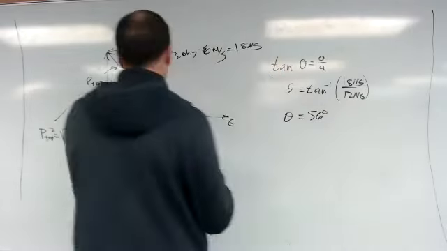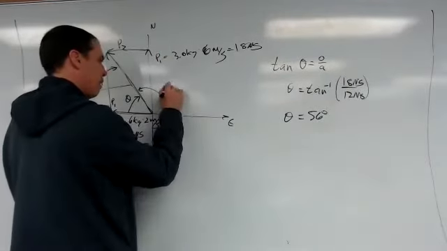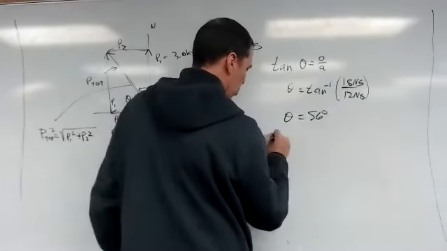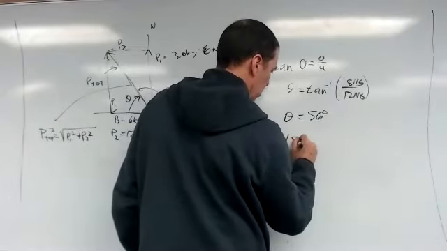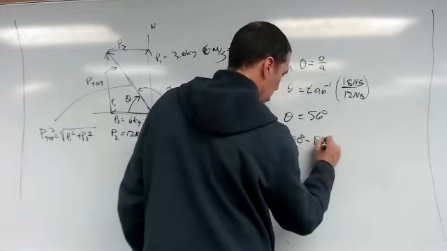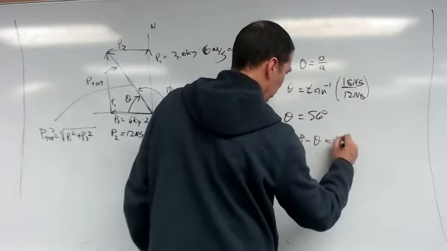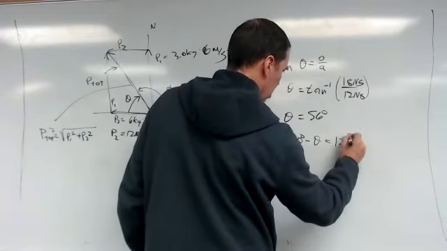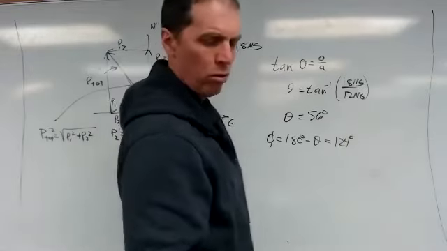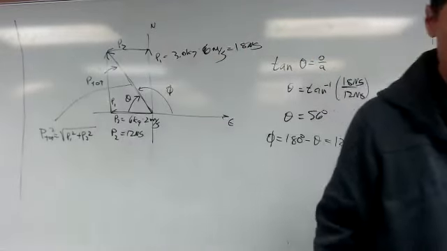And so then this angle, which I'll call phi, which is what I'm after, is 180 degrees minus theta, which is 124. Is that a choice? Have we finally gotten to one where I had the choice right? All right.